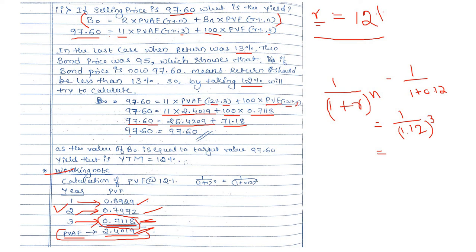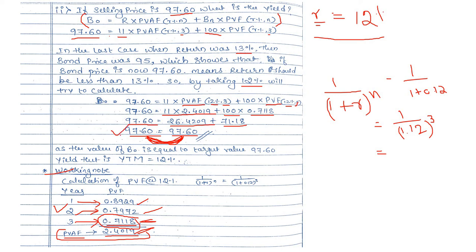Now do this total. We got the value as 97.60. So both values are equal, meaning the bond value and the selling price become the same.